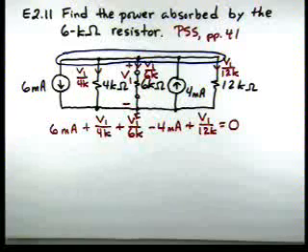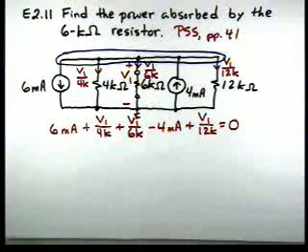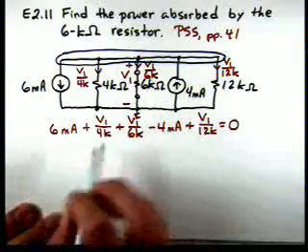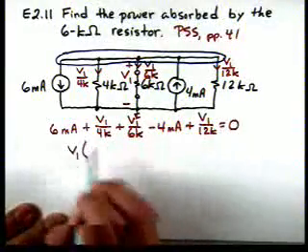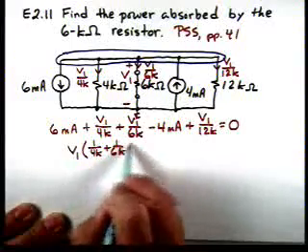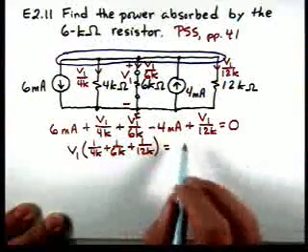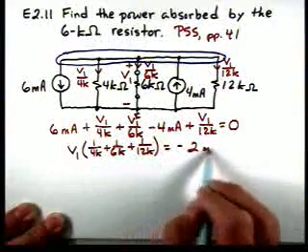Now we need to solve that for V1. Once we have V1, then we can calculate the power absorbed by that resistor. So collecting terms here, we'll have V1 as 1 over 4K plus 1 over 6K plus 1 over 12K, and that's equal to minus 2 milliamps.